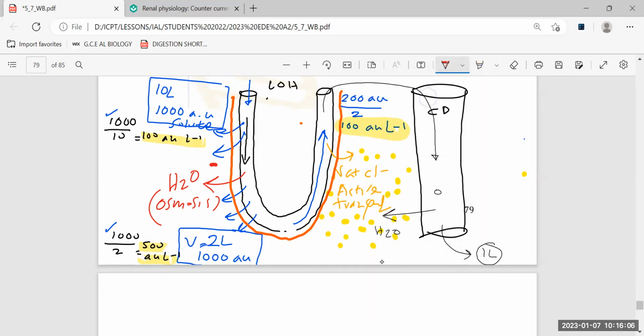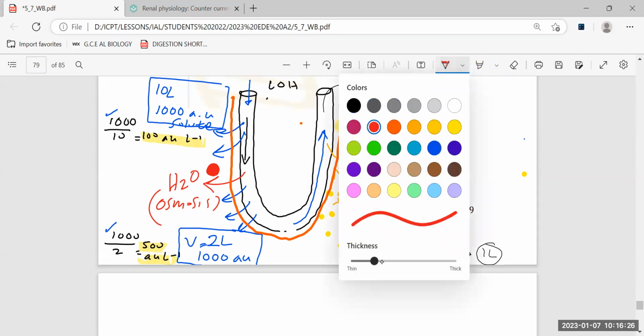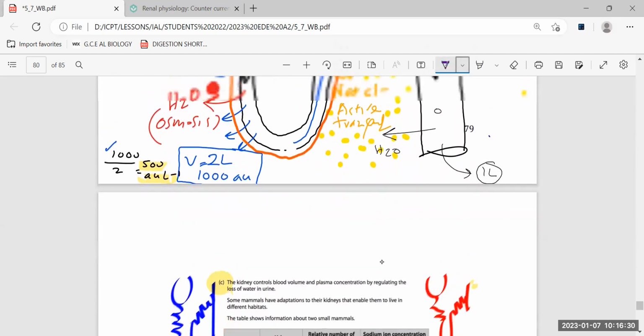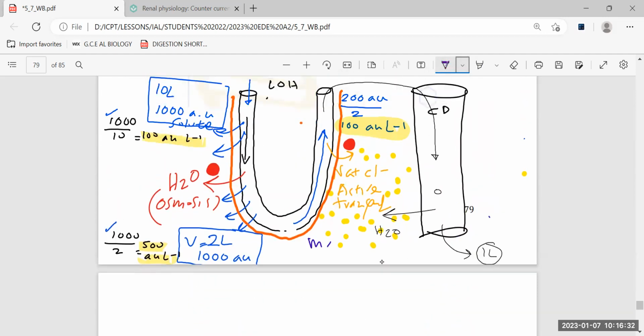The descending limb is permeable to water. As a result, water is leaving out. The ascending limb is only permeable to sodium chloride. Then the sodium chloride moves into the medullary or interstitial space. So this is the medullary space, right?